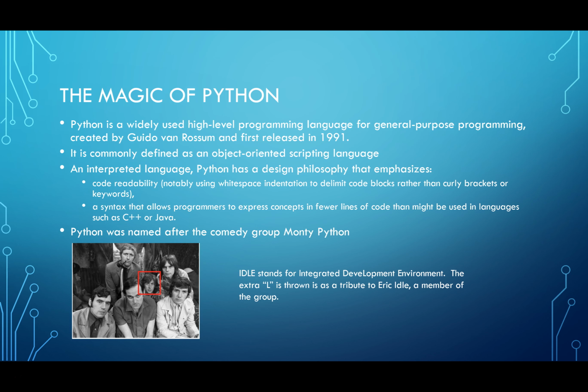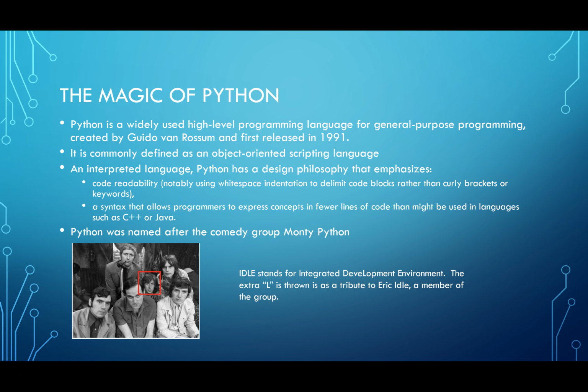Python is a widely used high-level programming language for general-purpose programming. It was created by Guido van Rossum and first released in 1991. It's commonly defined as an object-oriented scripting language, an interpreted language.